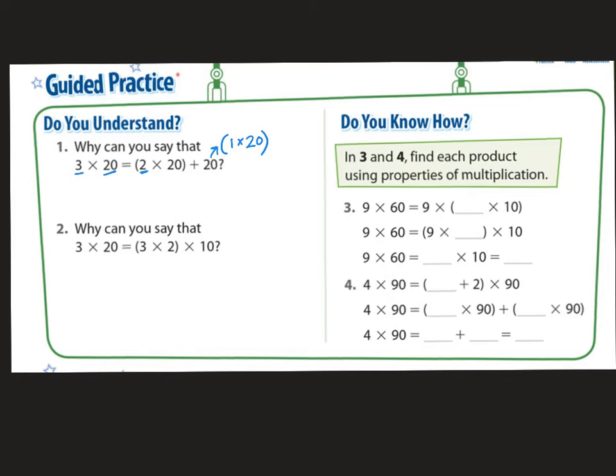So which property of multiplication did they use? Well, it looks like they broke up this 3 as 2 plus 1. So then they broke it up, they decomposed it, and I can see my 2 and my 1 right there. So they used the distributive property. So that is why 3 times 20 is the same thing as 2 times 20 plus 20.